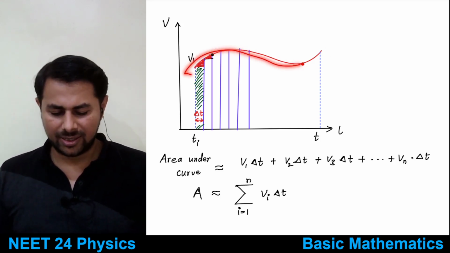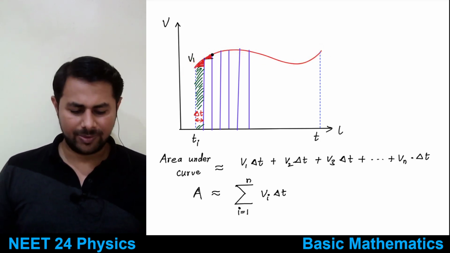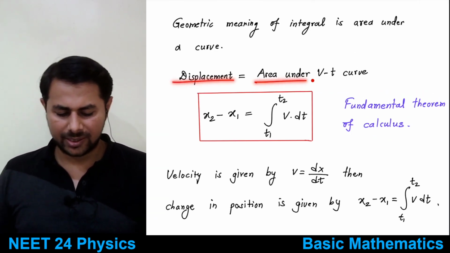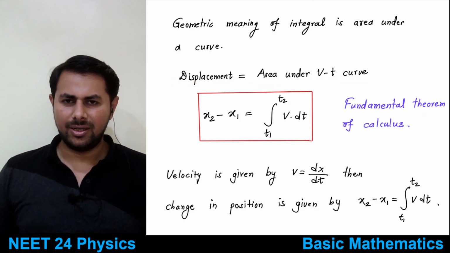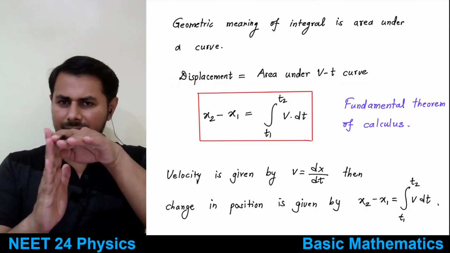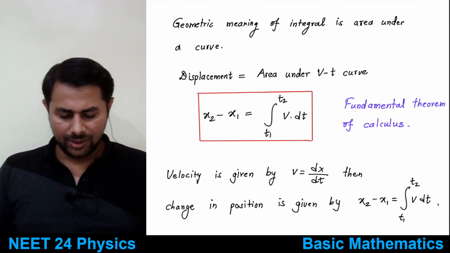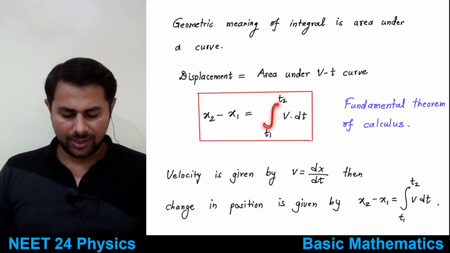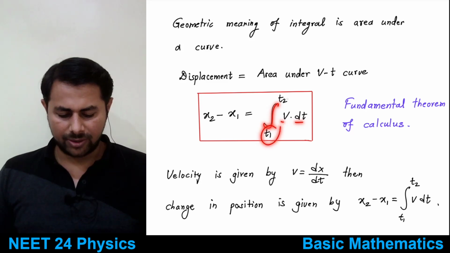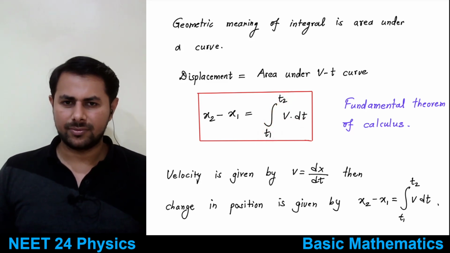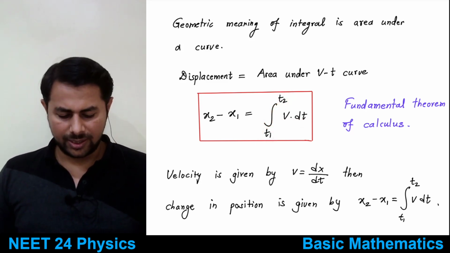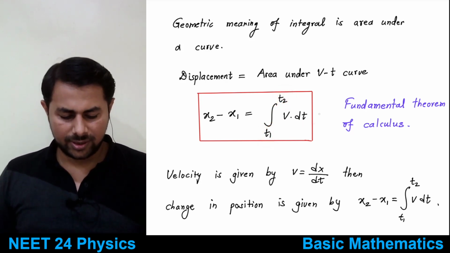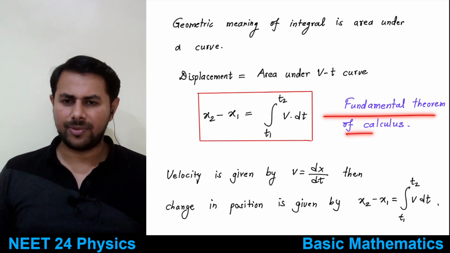So area under the velocity time graph gives us displacement. If the velocity time curve is not flat, then the displacement x2 minus x1 is the integral from t1 to t2 of v dt.